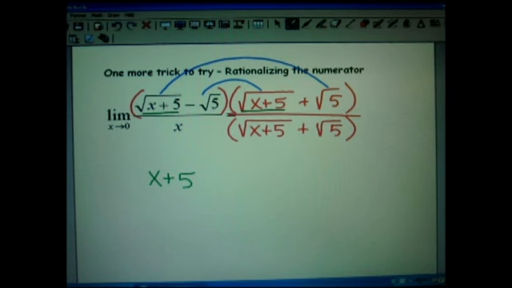Those just wipe each other out. And then the last piece we have left, I've got this times this, which is going to give me a -5 down here.